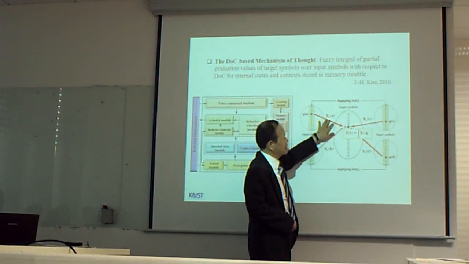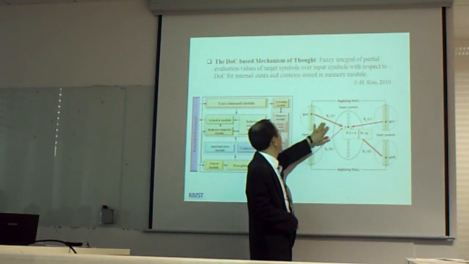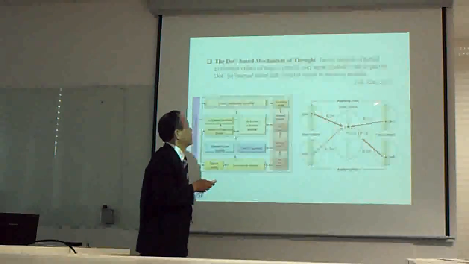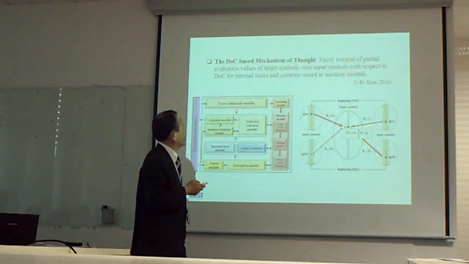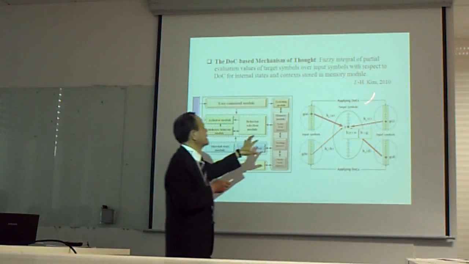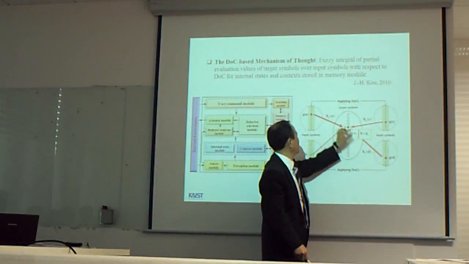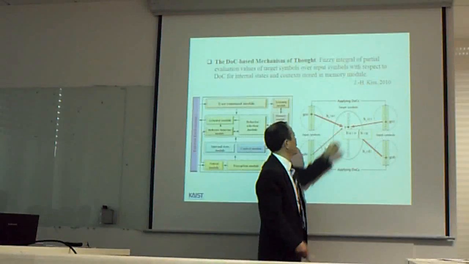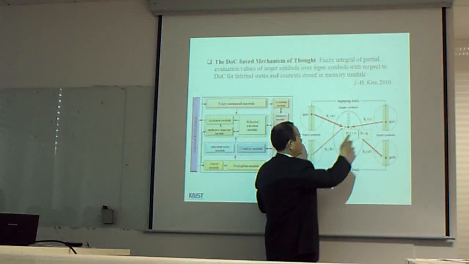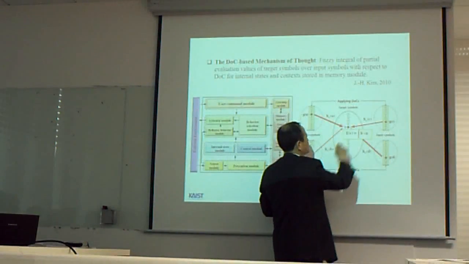We call it partial evaluation, not a probability. The value should be between 0 and 1. And we are thinking of the degree of consideration for each input symbol. Checking this degree of consideration and this memory information, the partial evaluation, we finally decide the best, by integrating the partial evaluation and memory information with respect to the degree of consideration.